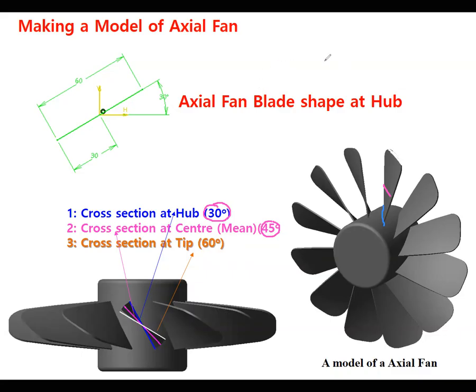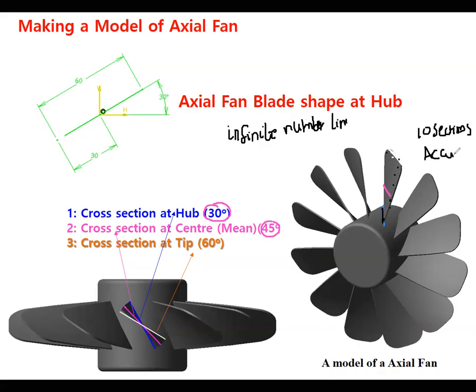I only consider 3. Actually there are many lines between hub and tip. How many lines are possible? An infinite number of lines between this and this, but I am considering only 3 lines here. Generally we can consider maybe 10 sections for an accurate blade shape.